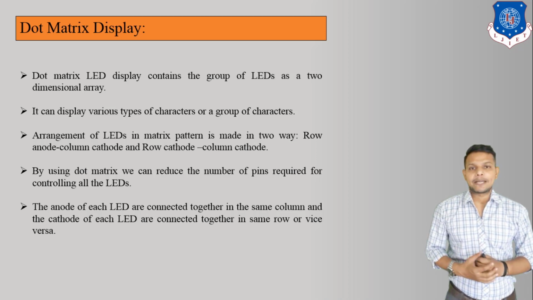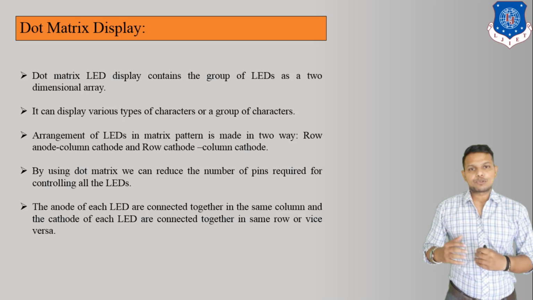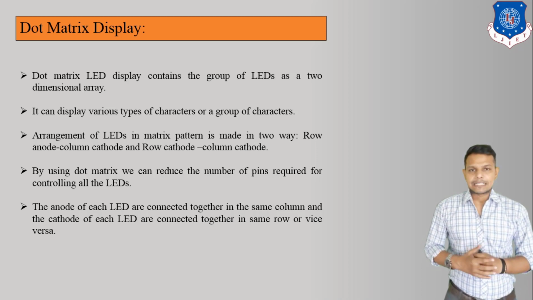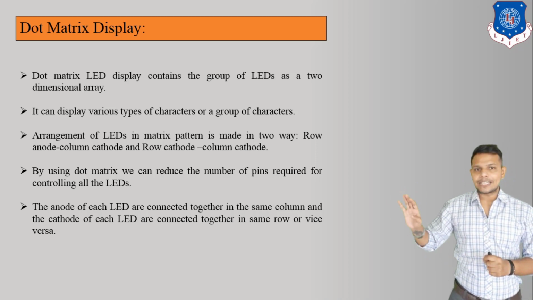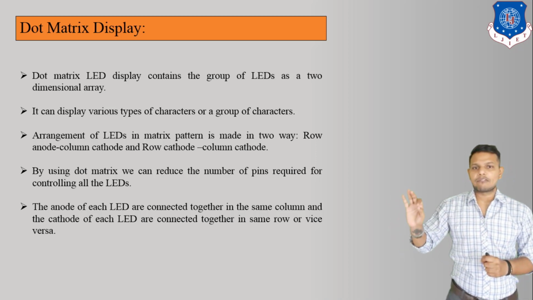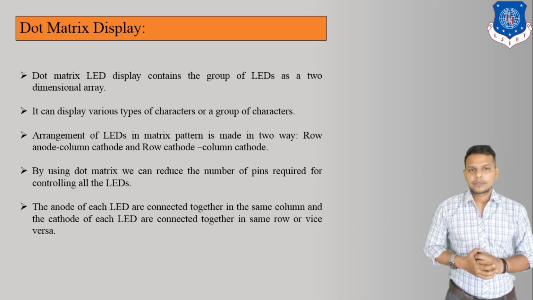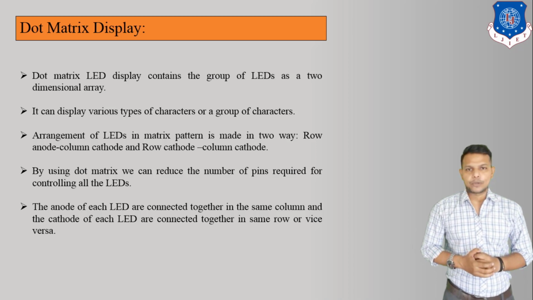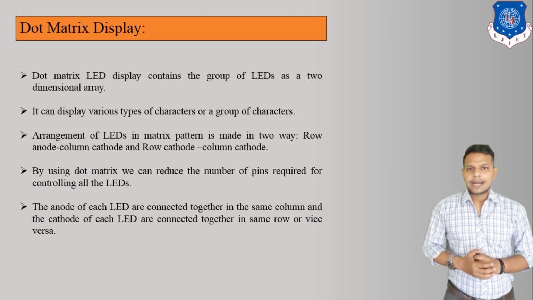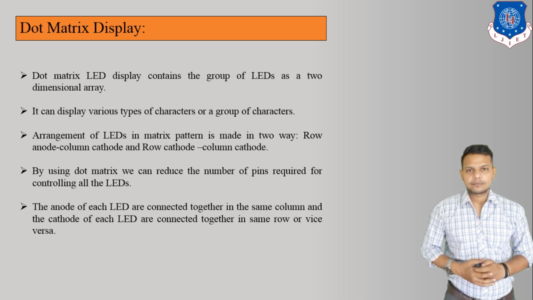If you want to display only numerical characters, then try the 3 by 5 display. By using a dot matrix, we can reduce the number of pins required for controlling all the LEDs. The anodes of the LEDs are connected together in the same column, and the cathodes of the LEDs are connected together in the same row, or vice versa.